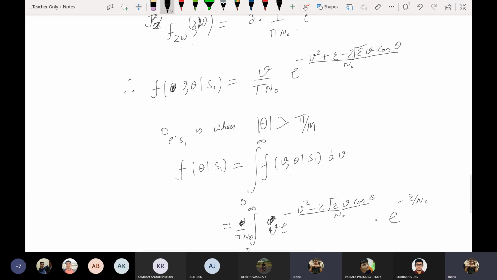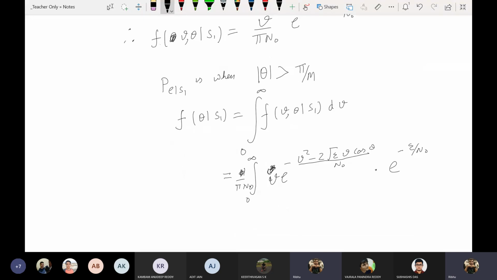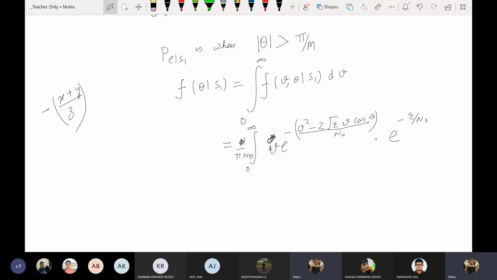So it's plus 2 root E V cos theta, right? The minus sign was outside this fraction. So when I write minus x plus y, this minus is generally considered outside, but yes, there should be a bracket.